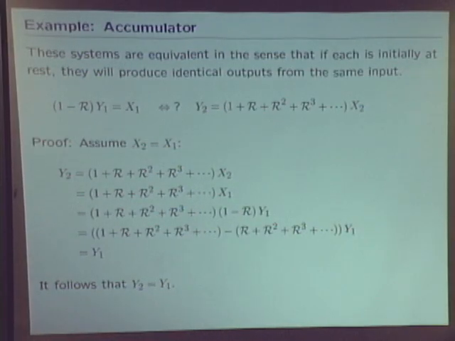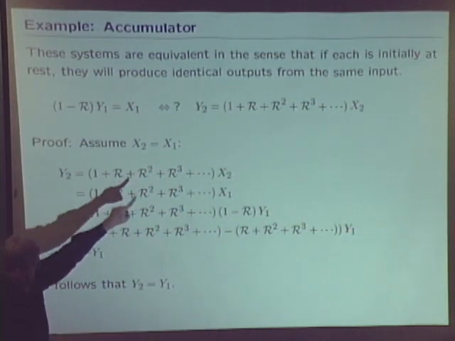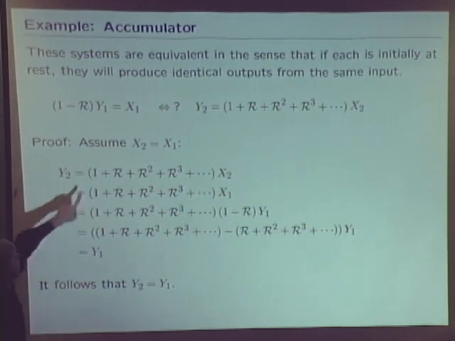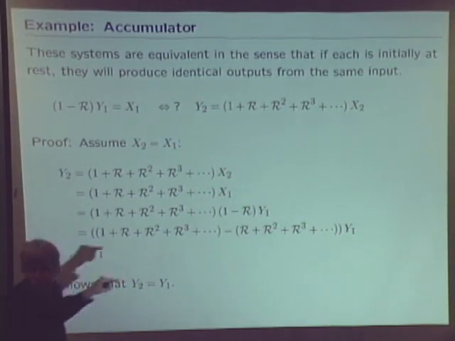If you think about that mathematically, here's a proof. It is OK to think about it that way. Start with the idea that x2 equals x1. This is a statement of the right-hand side. Substitute x1 for x2.